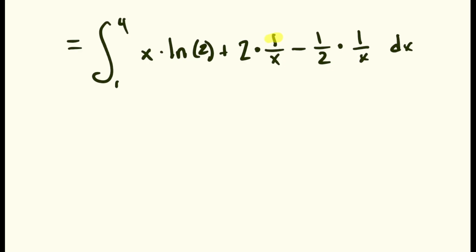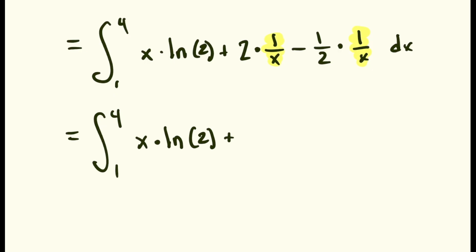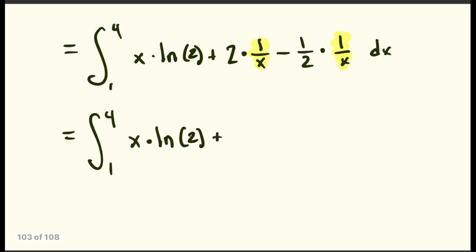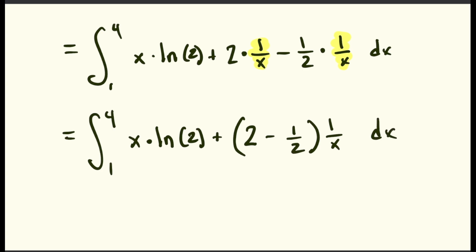Now you'll notice there is a 1 over x in these last two terms. So we're going to yank that out and simplify this even a little bit more. We're just going to copy paste that first part there, plus, oops, where did this go? There we go. Okay, we're going to yank out that 1 over x. And once we do that, we're left with 2 minus 1/2 dx.